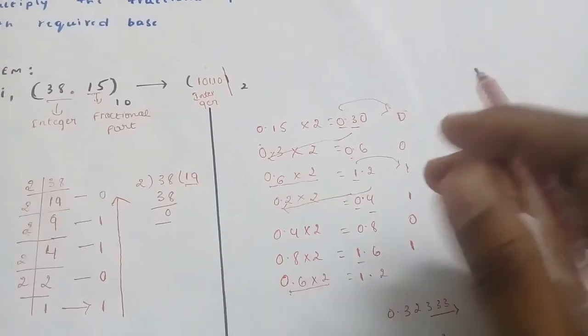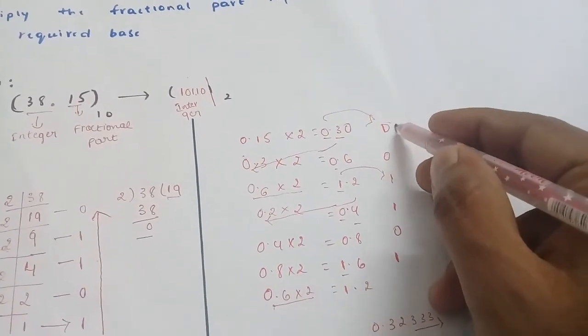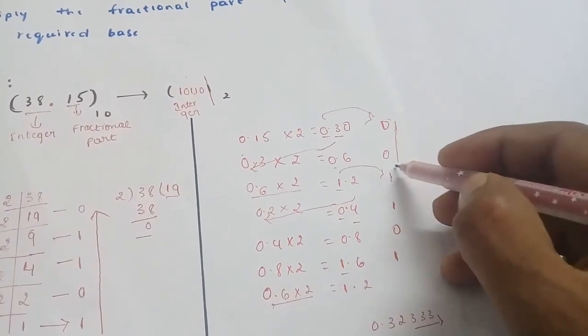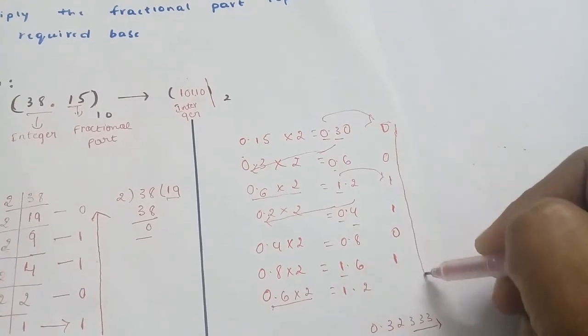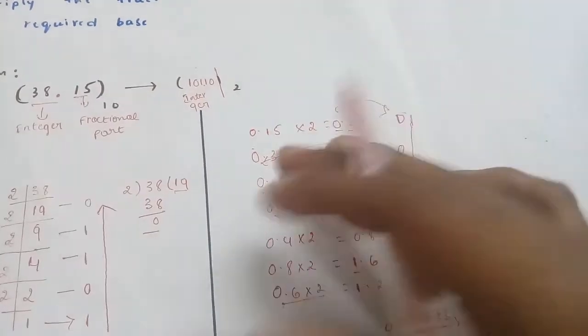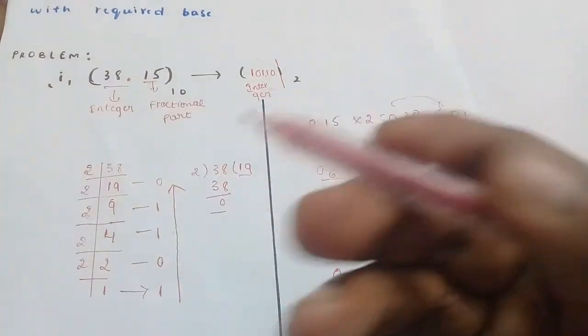And the equivalent value we take as the binary value from top to bottom. It is the reverse case when compared to division.